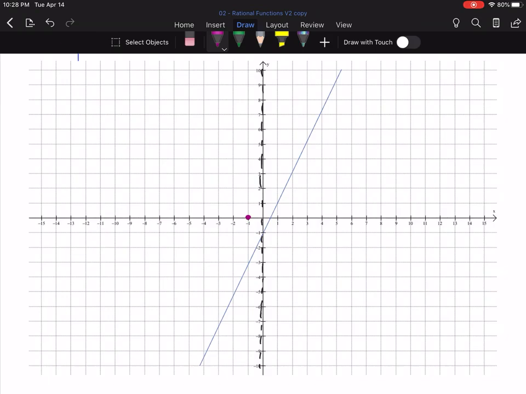Can it go this way, downwards? Yes, it could. But then how is it going to approach this oblique over here? There's only one way it can do this. It's got to go like this and approach the asymptote that way, and then approach this asymptote this way. If it went the other way, down to the right, it wouldn't approach the oblique on the left.